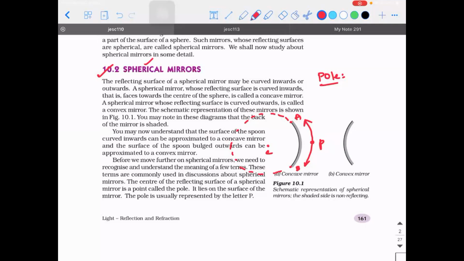Parallel to the principal axis, not the mirror. The rays converge at the principal focus.